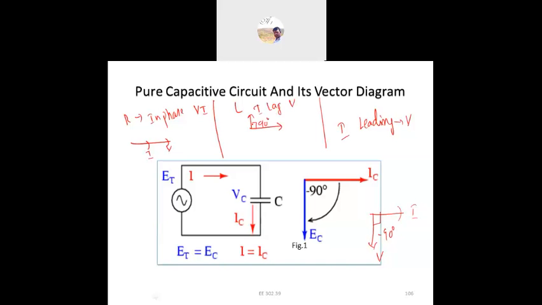Here is the voltage and here is the current. Here we have minus 90 degrees, so the current is leading in the capacitor network.